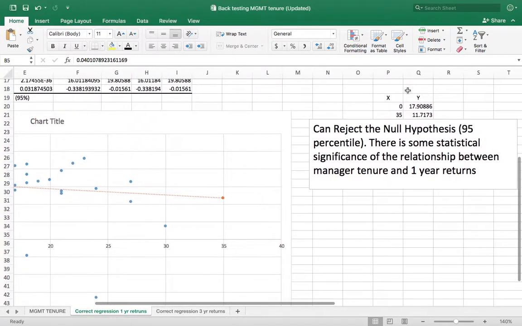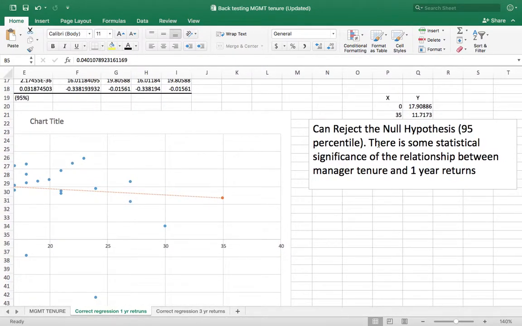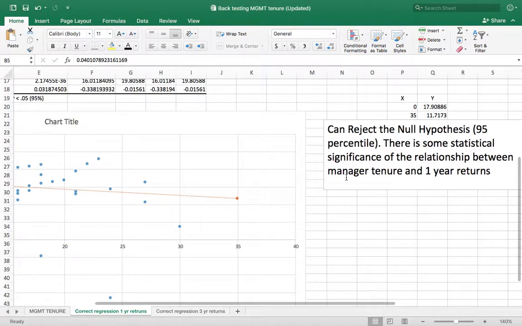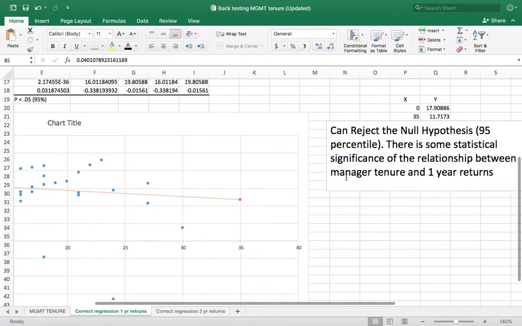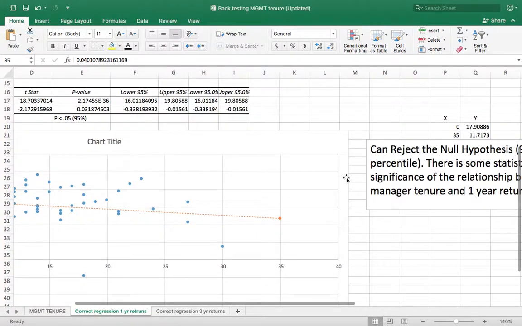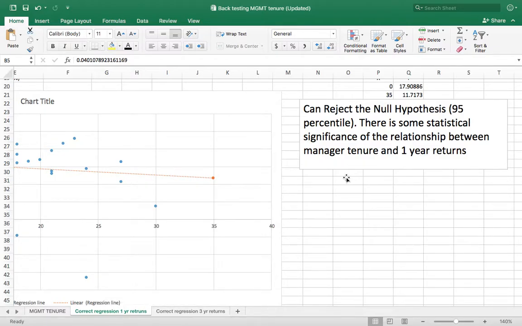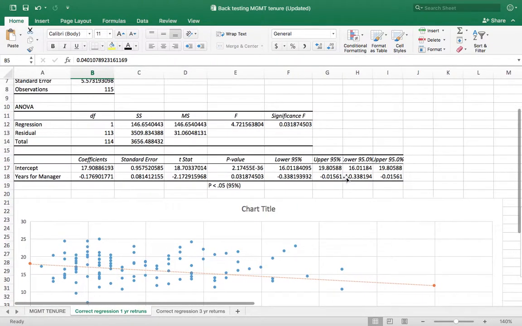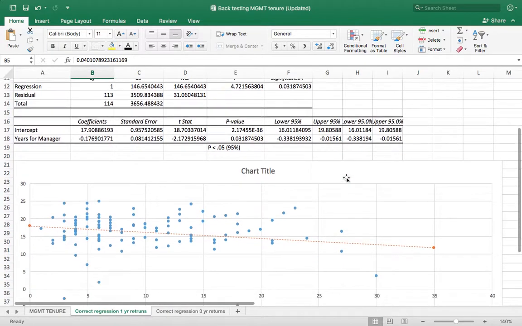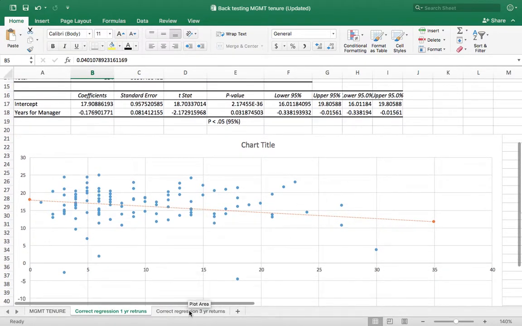So with our significance and everything, we can reject the null hypothesis, but there's only some significance. We would normally like a little bit lower of a p-value because we're kind of close to the 0.05 there. So we're able to say there is some statistical significance, but we would always like to have some more as far as explaining what's going on in these mutual funds and the return.